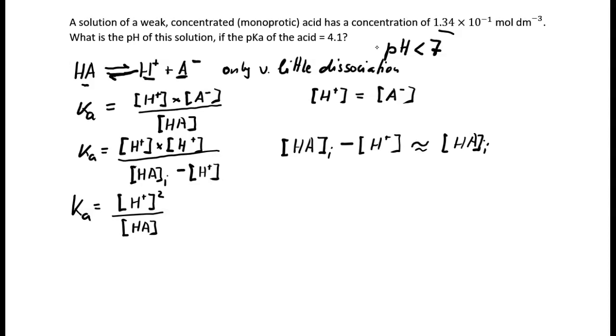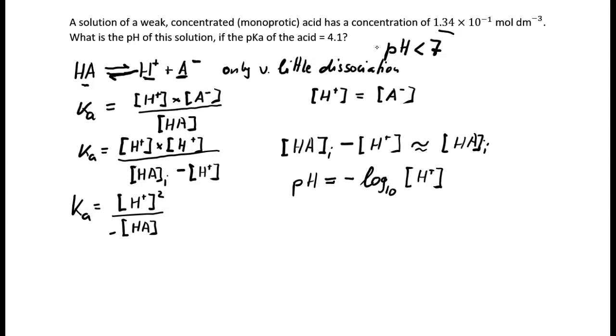And we can use that for our equation for the pH. pH equals minus log to the base of 10 of the proton concentration. So what we need to do now is find this proton concentration from this Ka equation. So how are we going to do that?